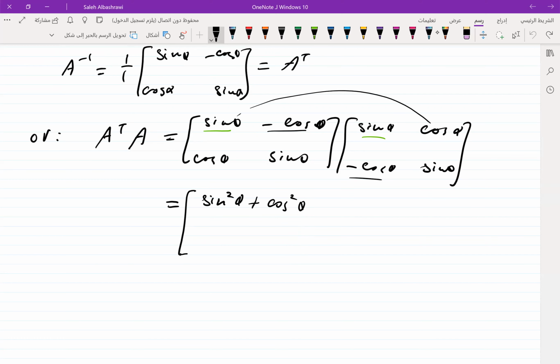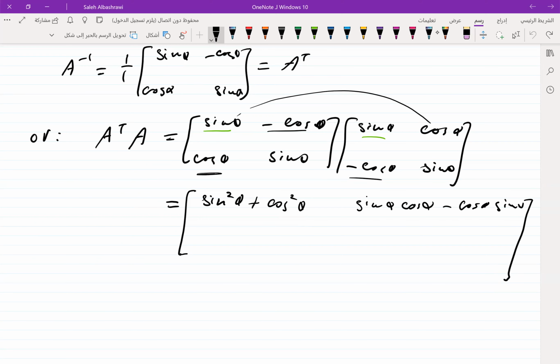Now sine with cosine will be sine theta cosine theta minus cosine sine. Go for the second row.